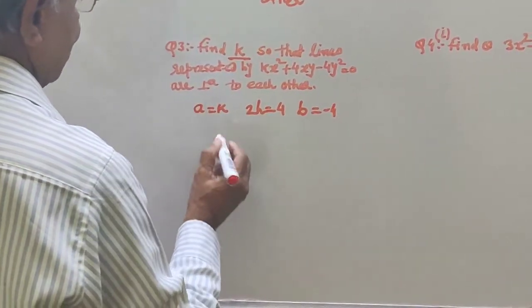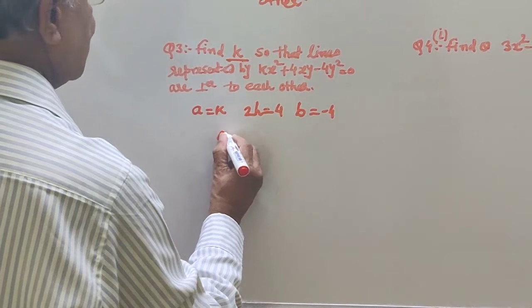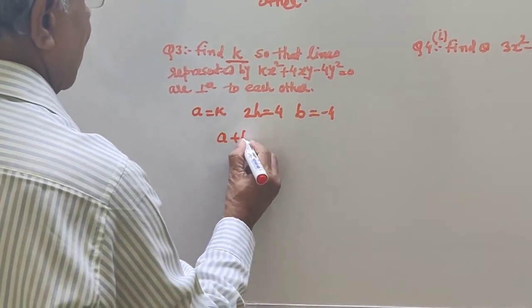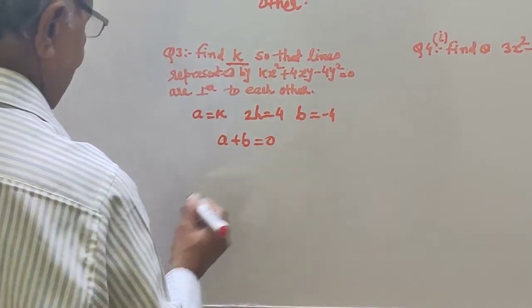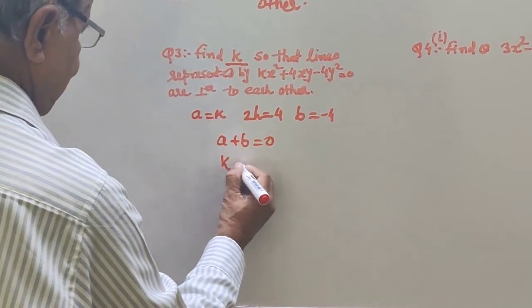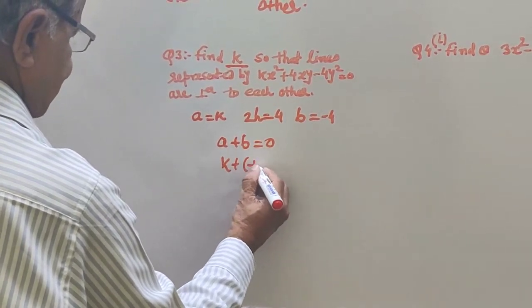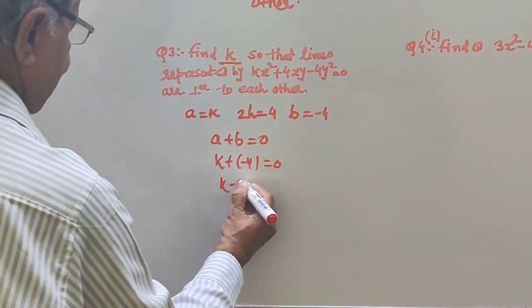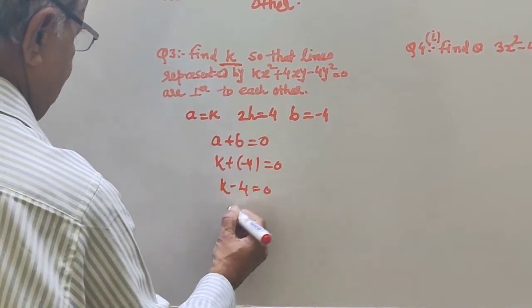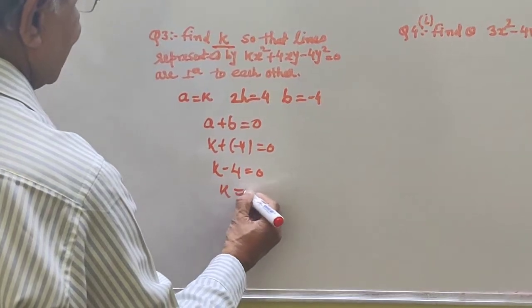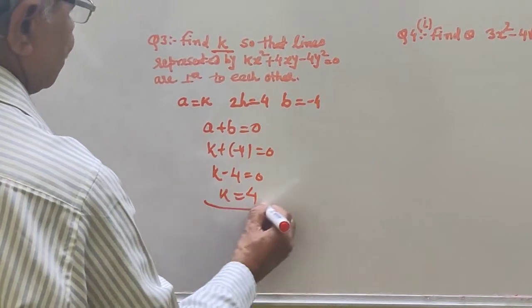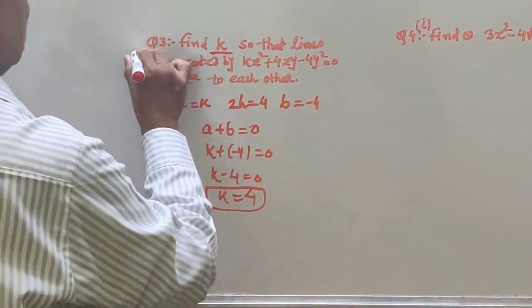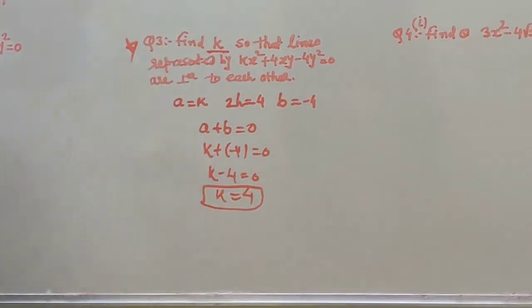For perpendicular lines, the condition is a plus b is equal to 0. Now I will substitute the values. k plus minus 4 is equal to 0. What will come here? k minus 4 is equal to 0. After transferring, you will get the value of k. This is also a very important problem for 2 mark, 1 mark.